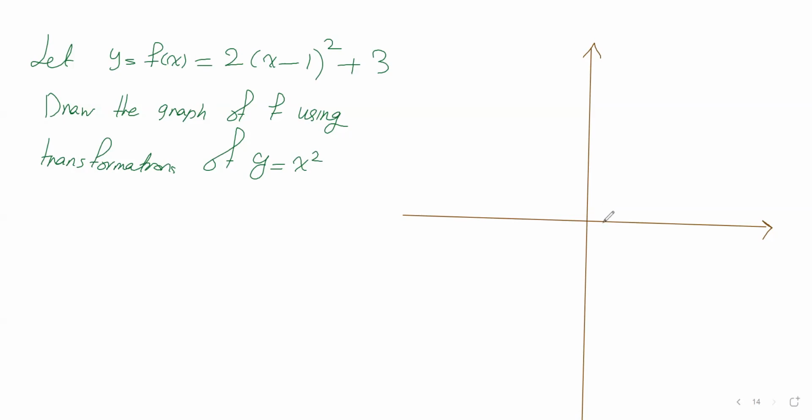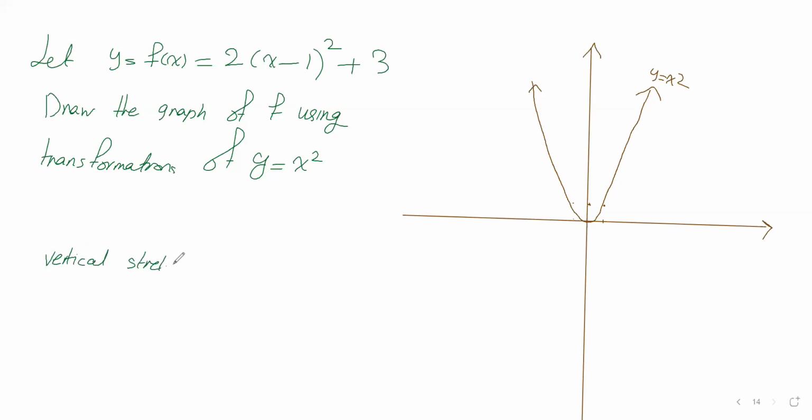So let's do it. I'm going to do the vertical stretch first. Let's draw the graph of y equal to x squared first. We already know how it looks. Roughly speaking, this is the graph of y equal to x squared. Now I'm going to do it step by step using transformations.